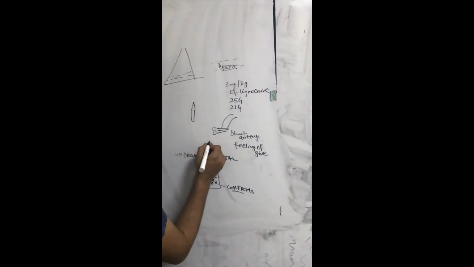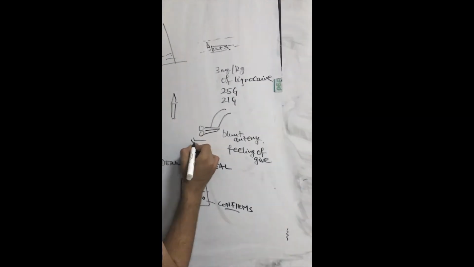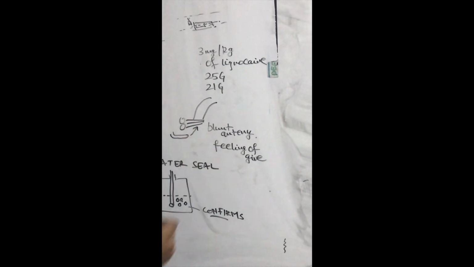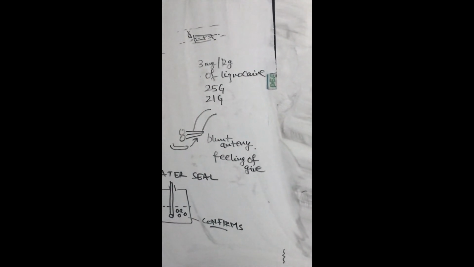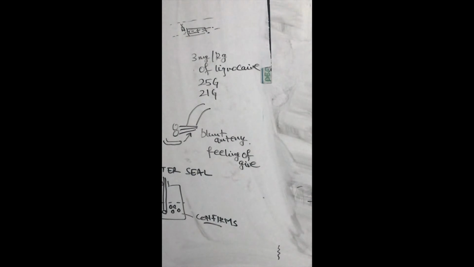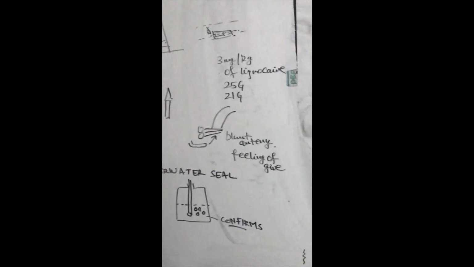Then with the help of our finger, we recognize the pleural space, and then we take a chest tube.